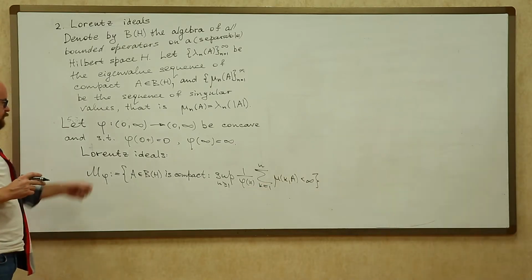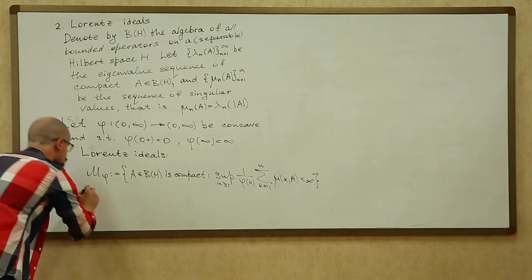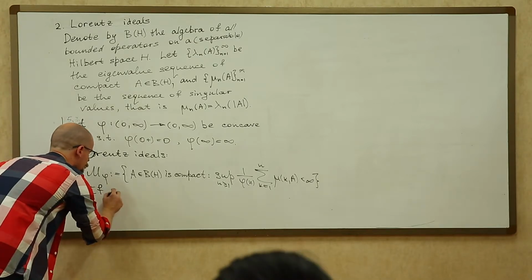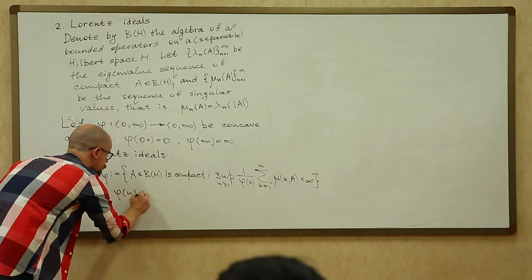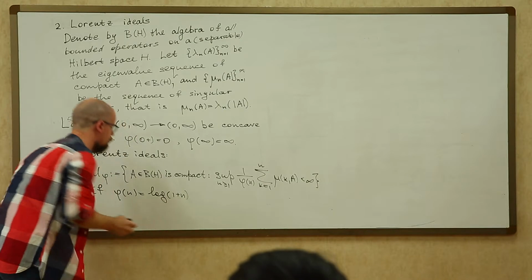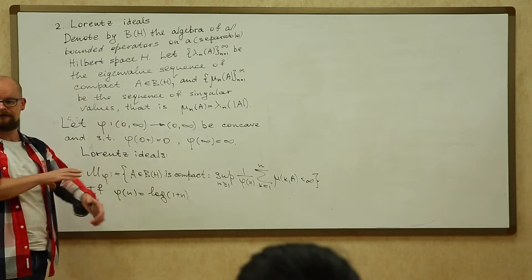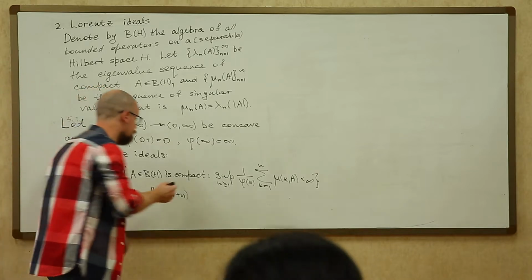There is a very special choice of the function phi. If phi of n is the logarithm of 1 plus n, in this case the ideal M phi has a special notation.